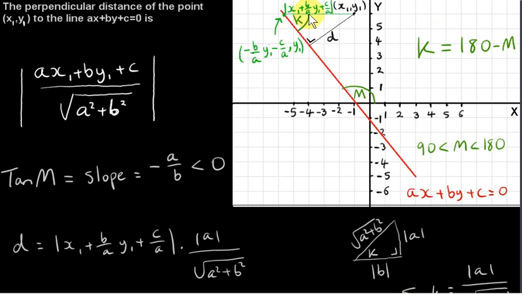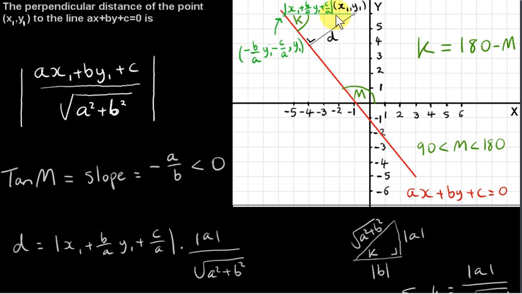Now we need this horizontal distance, but we've done that before. We just take the x value of this point and subtract the x value of this point. The quantity will actually be positive if we do that, because x1 is actually greater than the x value of this point. But in other situations, x1 is less than this value. If the point was on the other side of the line, then this quantity in here will be negative.